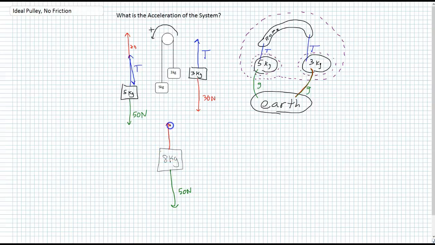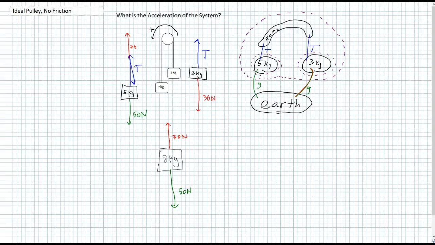Well, anyways, if you cancel out the blue tension forces, this is what the system's force diagram would look like. The system's mass is 8 kilograms because that's what sits inside the big purple dotted line. And pulling down on the system is 50 newtons from the Earth, and holding the system up is the 30 newtons from the mass on the opposite side.